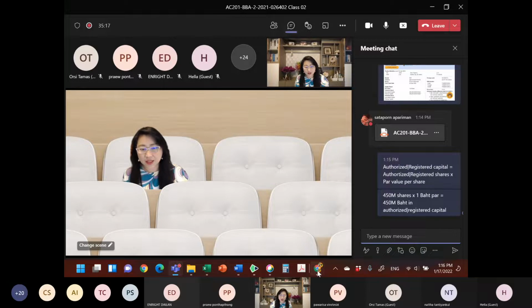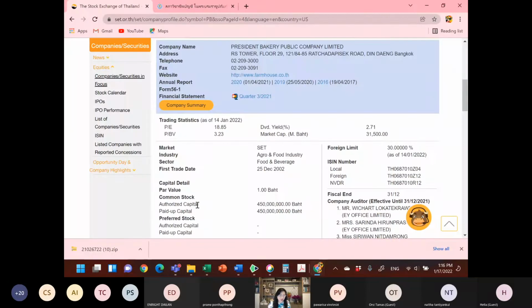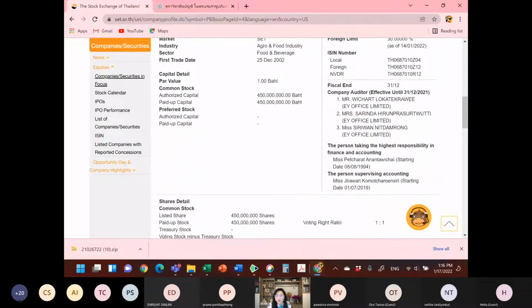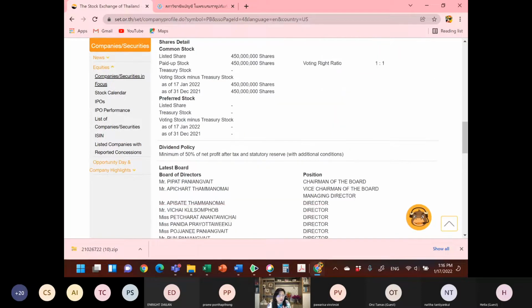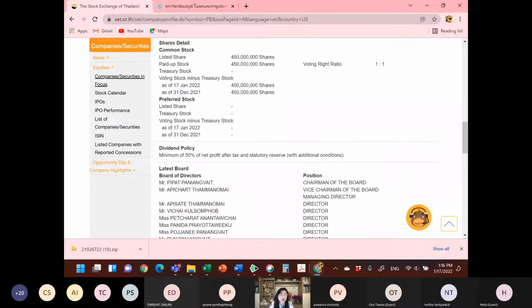So that's the authorized capital for this particular company. And what else? Right, so this is the information in terms of the number of shares. There are 450 million shares that are registered with the government.